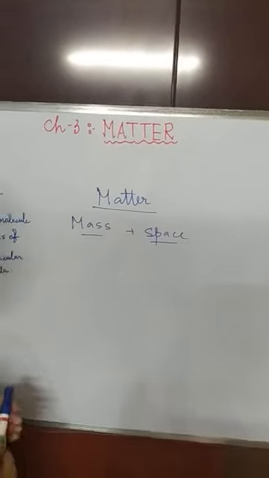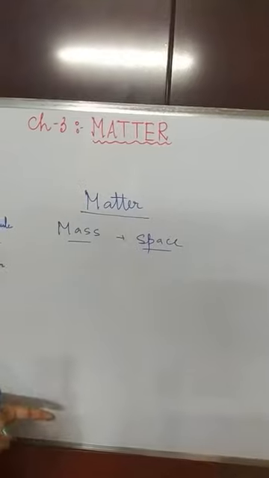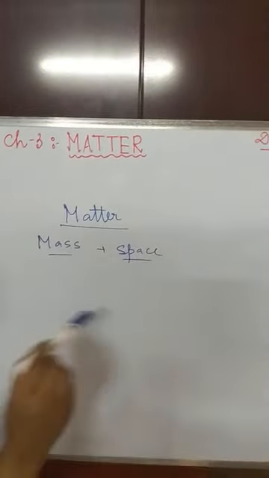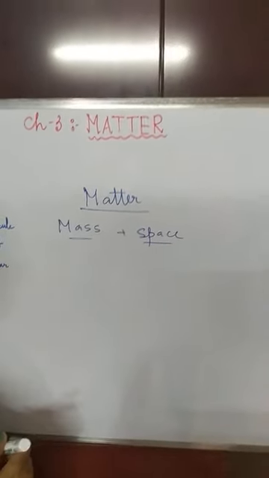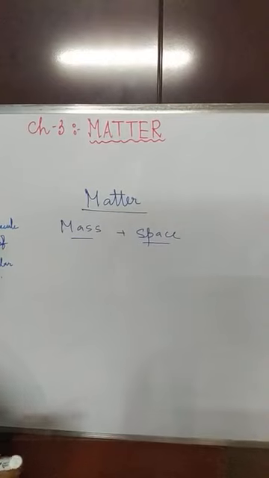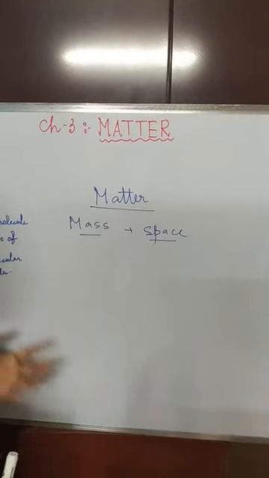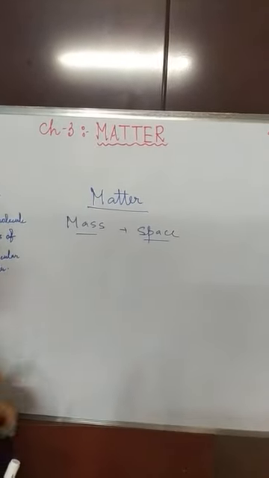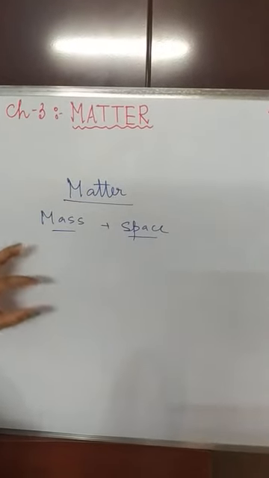The pen which I am using to write is another matter. Both of these have some mass and occupy some space. If I keep it somewhere, it will occupy some space. So these two we can call matter. Many other matters are also there around us, and you can identify them through these two characteristics. These two are the properties of matter.